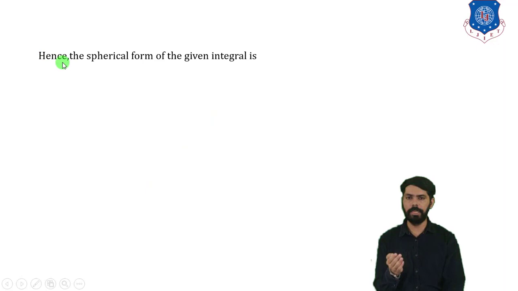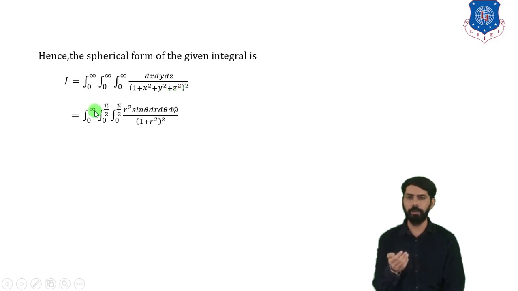Hence the spherical form of the given integral is: I is equal to the integral from 0 to infinity, from 0 to infinity, from 0 to infinity of dx dy dz divided by (1 plus x square plus y square plus z square) whole square.